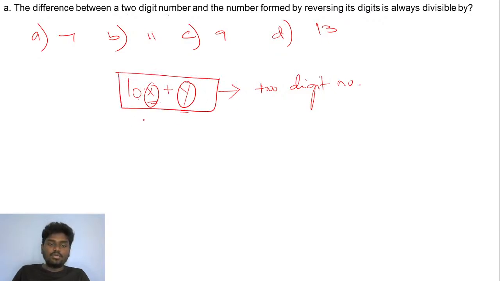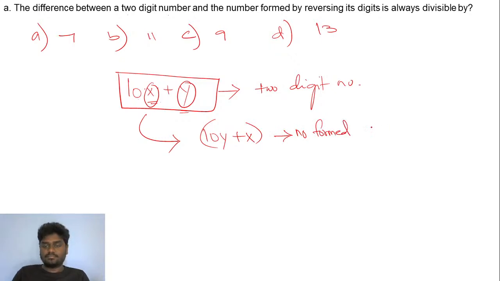If I reverse it, y goes to the tens place and x comes to the units place, so it's going to be 10y plus x. This is the number formed after reversing the digits.